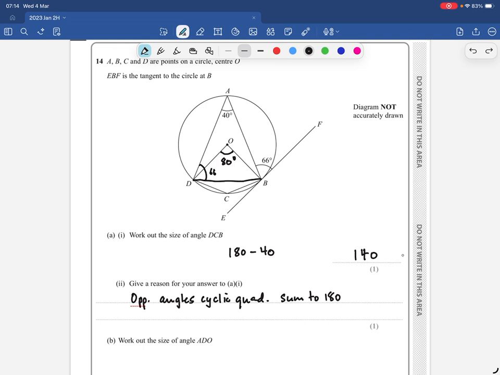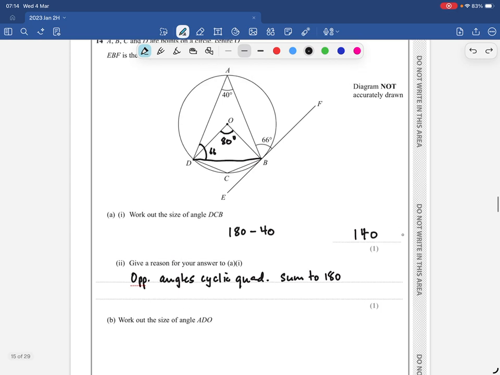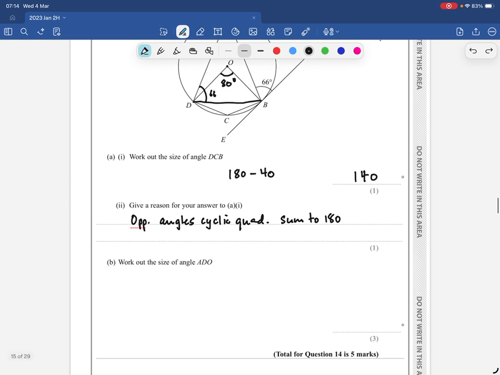So each one of those is 50. And since I've got angle ADB being 66, I know that ADO has got to be 66 minus 50, which is 16.